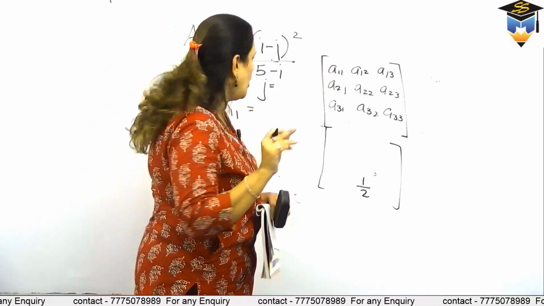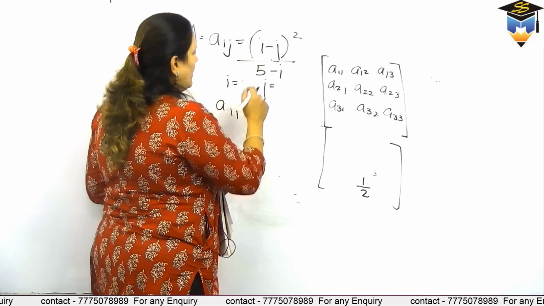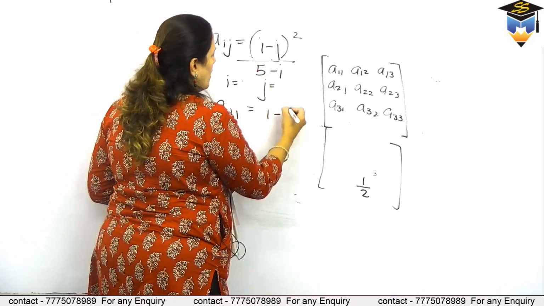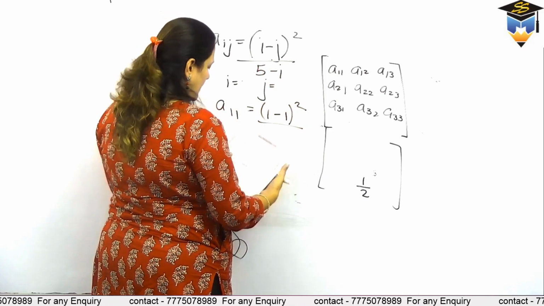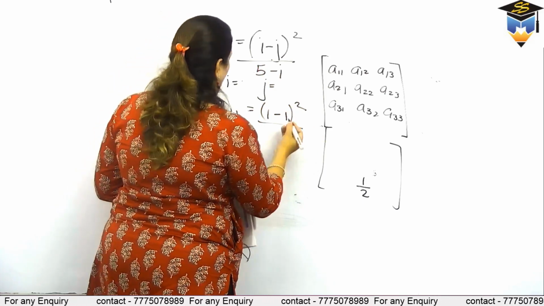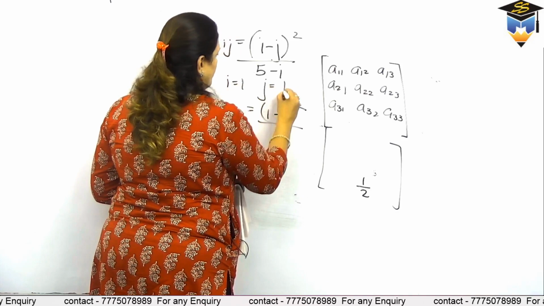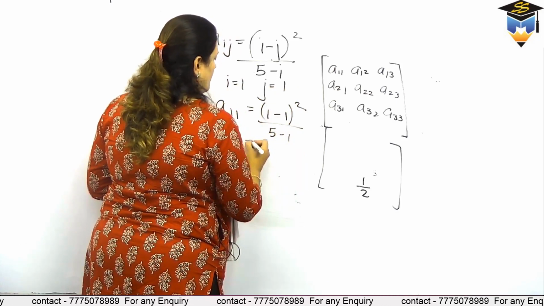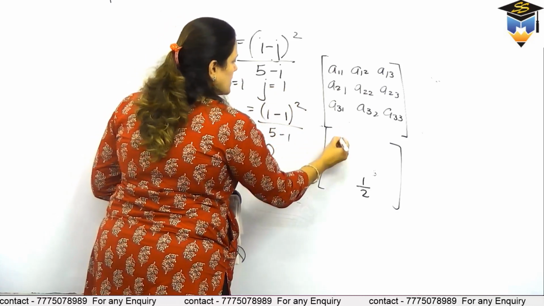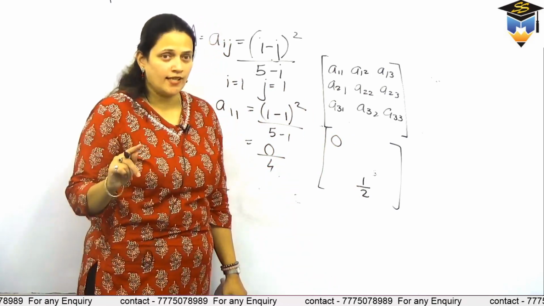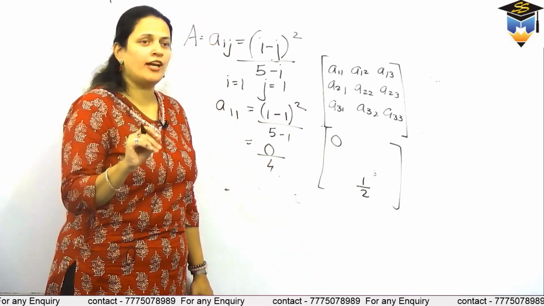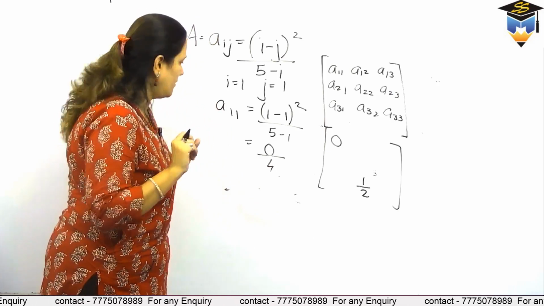Understood? Okay. So when I say this element, 1 minus 1 square upon, it is nothing but 5 minus 1. So the first element is going to be 0. See, again, a very important concept in this.